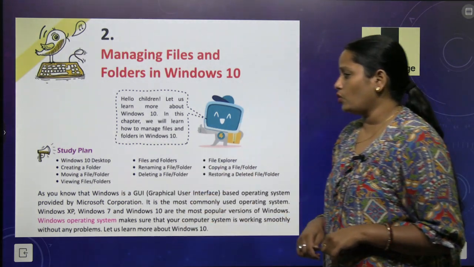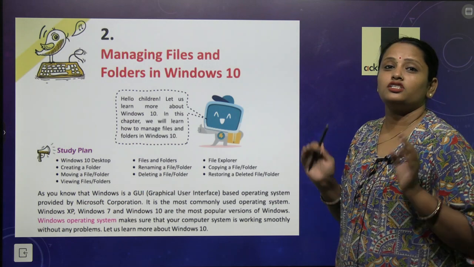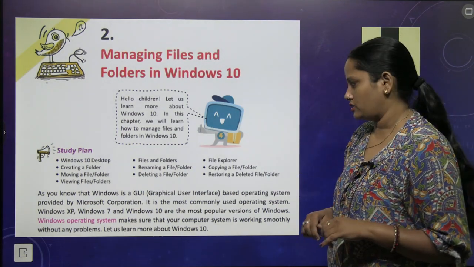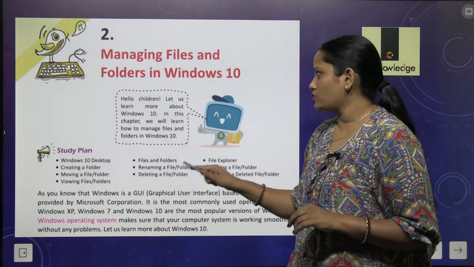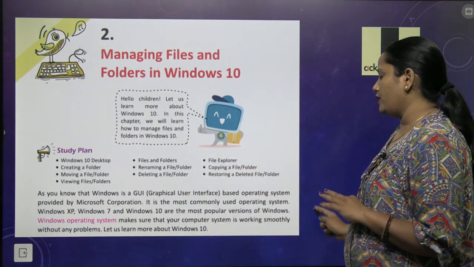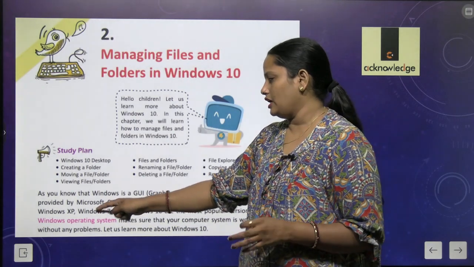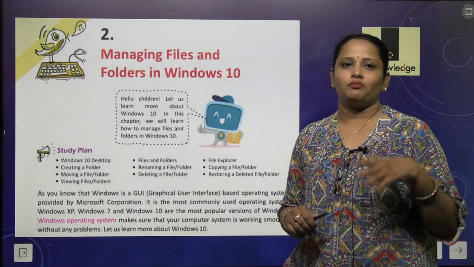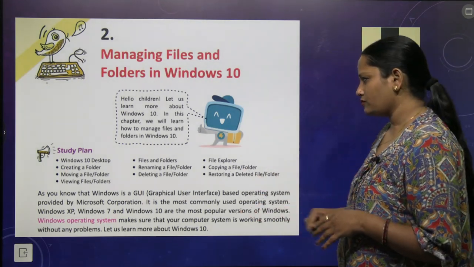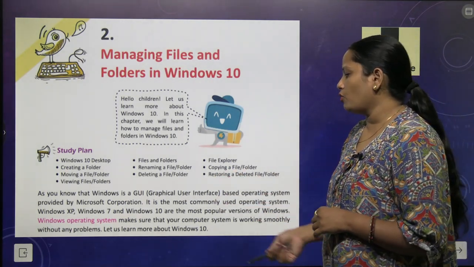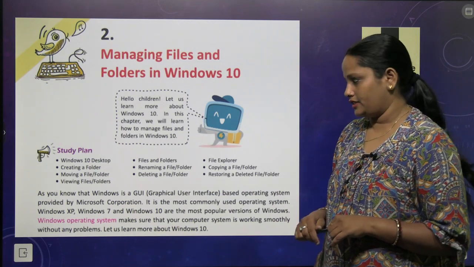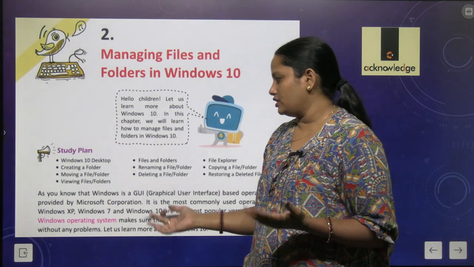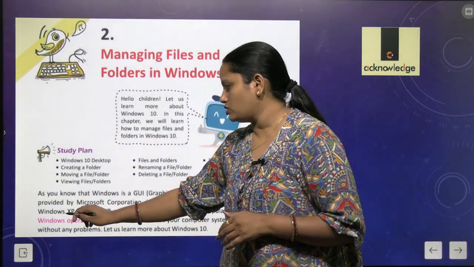Okay, as you know that Windows is a GUI, means graphical user interface. So, Windows is a GUI based operating system provided by Microsoft Corporation. So, Microsoft is the company that made Windows. It is the most commonly used operating system. There are various other Windows.